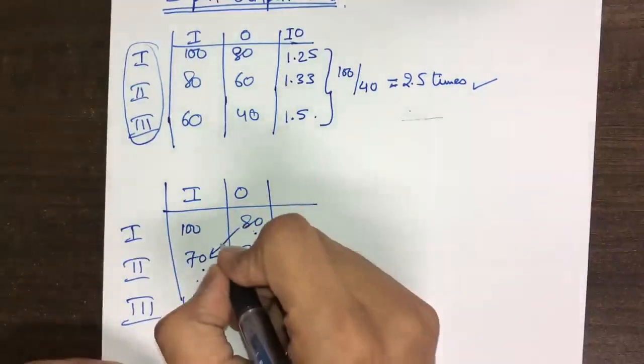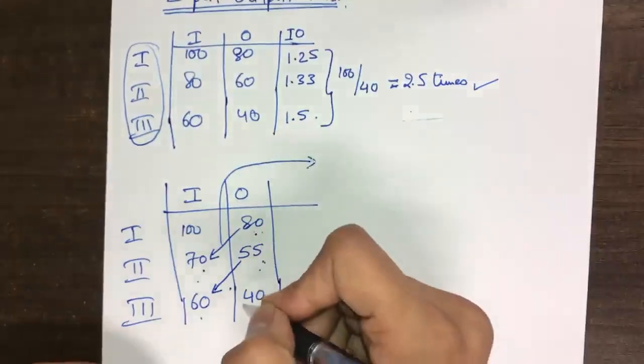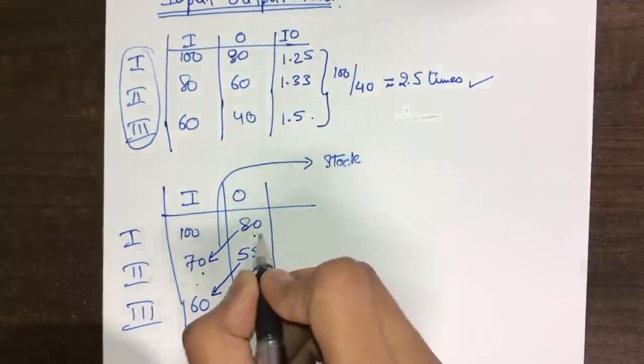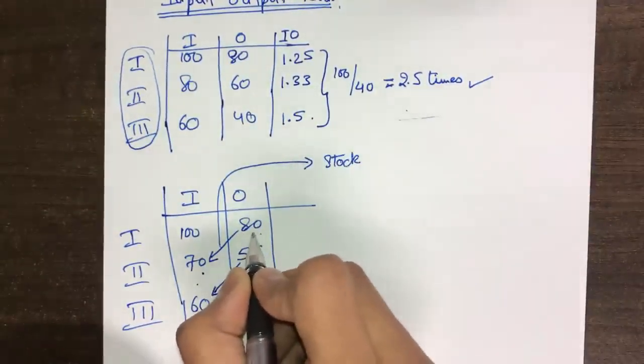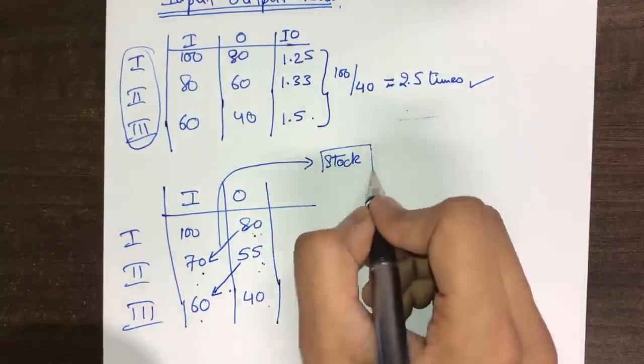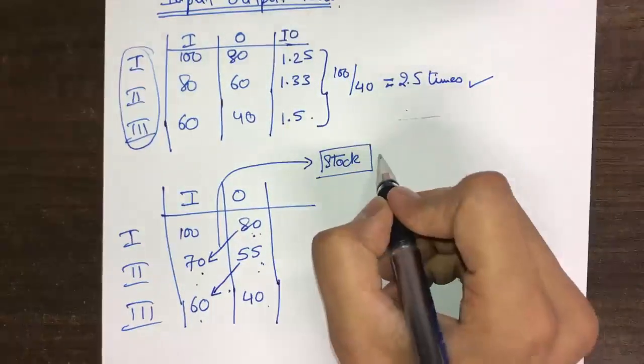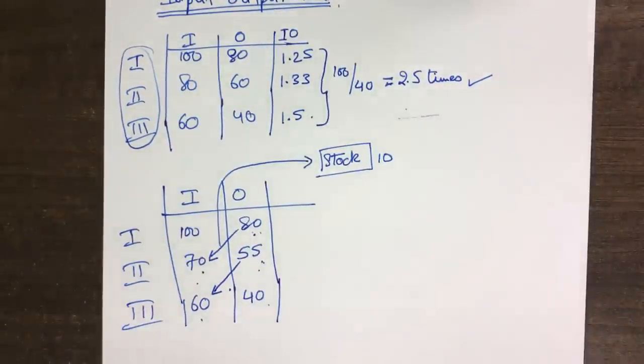Of course, it is possible. In this case, some of the output which has been received in process 2 has been kept in stock, because we have realized that this output is not saleable in market. Maybe there's shortage of demand in the market, so we have not processed the entire 80, but we have kept 10 units in stock and we have processed only 70 units.